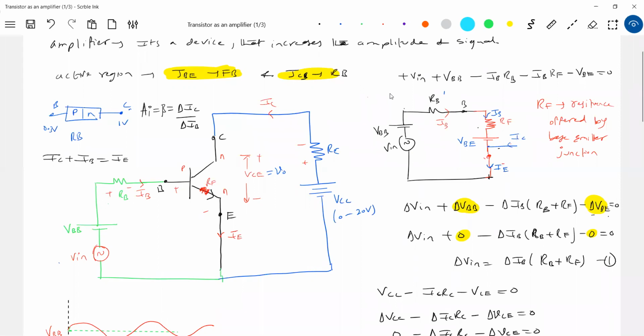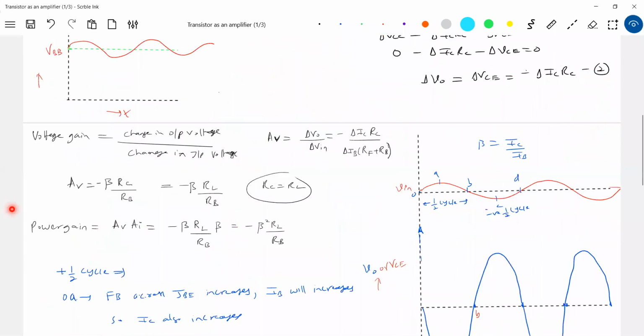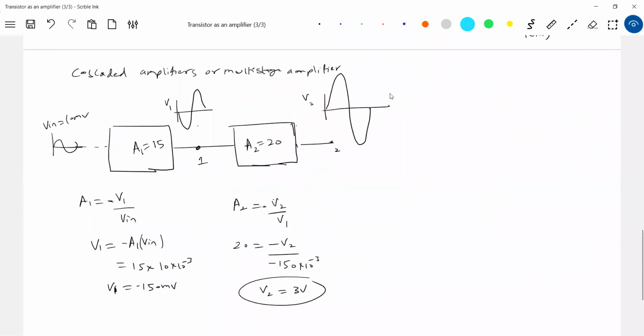Okay, now one more thing. If you look at the book, there is one more very good graph. If I plot Vout versus Vin, the graph takes shape like this.